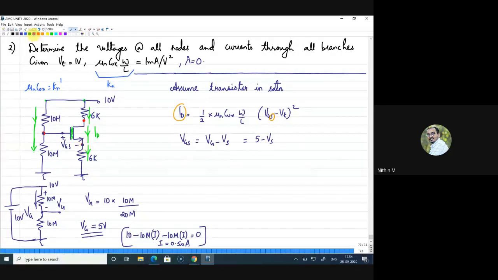This node is your Vs voltage. This is Vg and this is Vs. Vs will be the current flowing through the 6K resistance multiplied by the 6K resistance value. The current flowing through the 6K resistance is nothing but ID. So I can write Vs as 6 kilo ohm into ID.